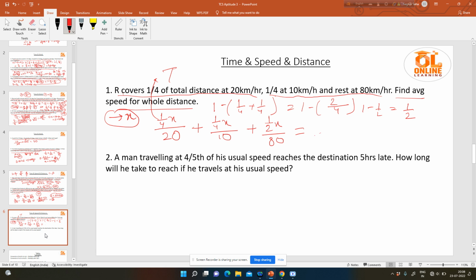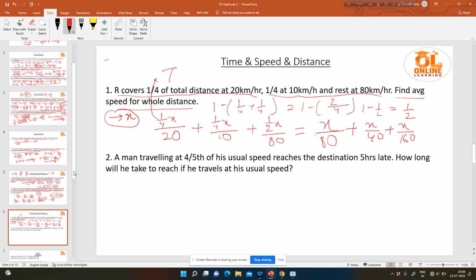It would be x by 80, then followed by x by 40, and again x by 160.